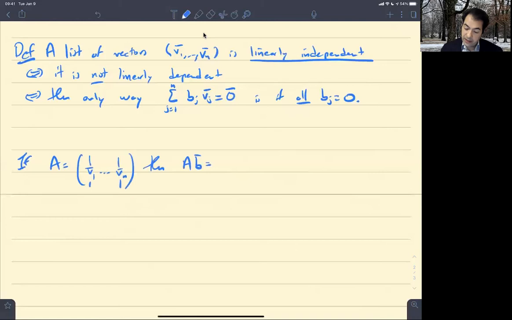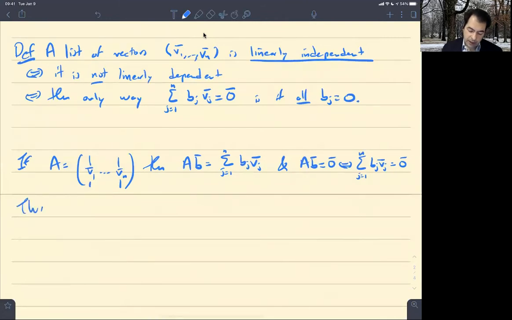So in this case, if I take these bj's and put them into a vector b, then A times b is exactly this linear combination. And so A times b equals 0 is precisely saying that this linear combination of the columns is equal to the vector 0.